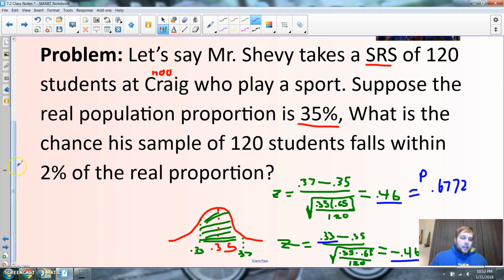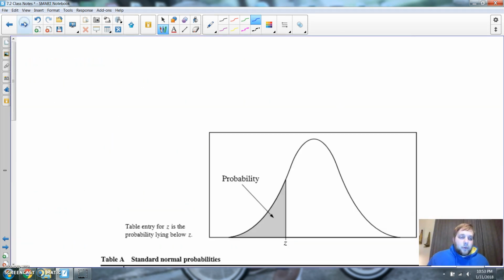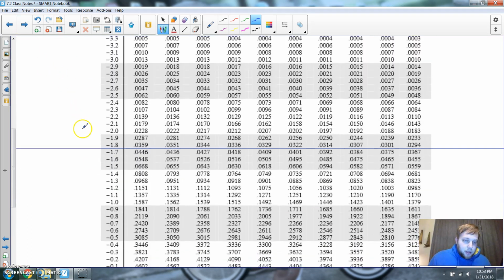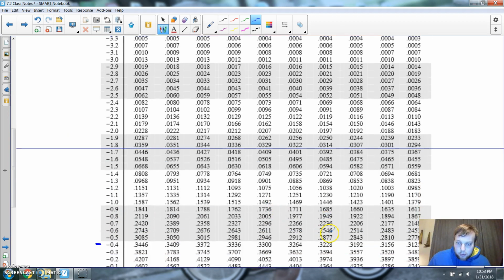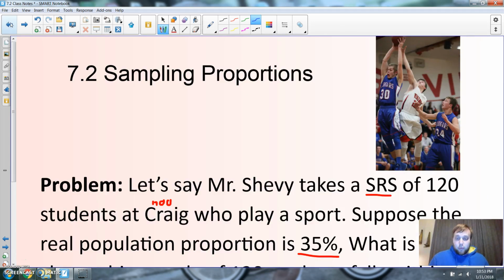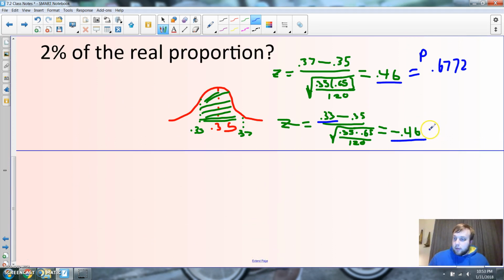All right, and the probability of the other one, negative 0.46, is right here: negative 0.4, and then 6 is right here, 0.3228.